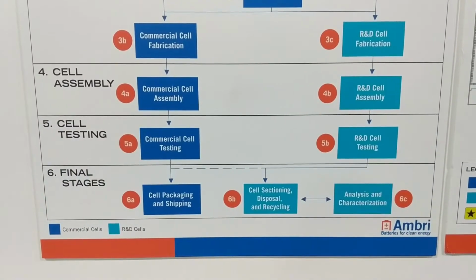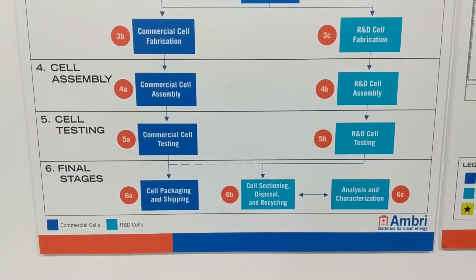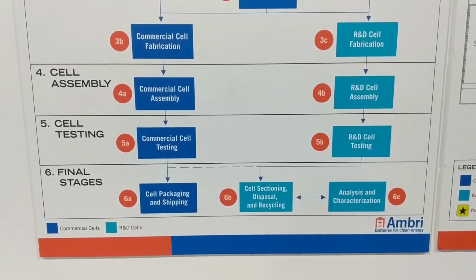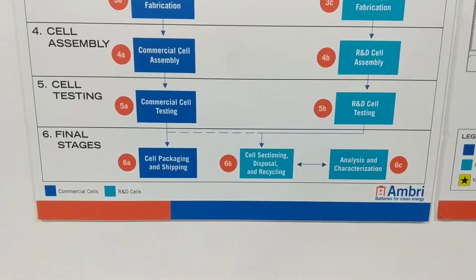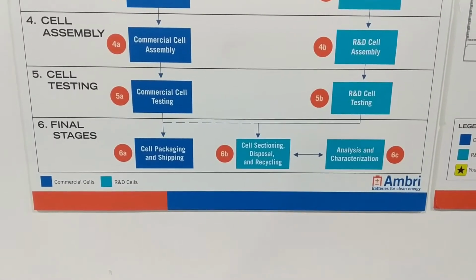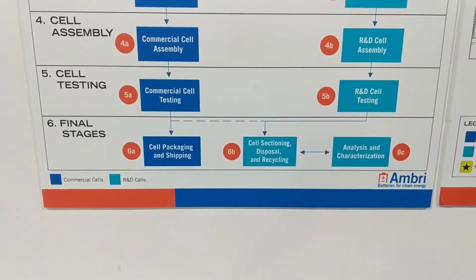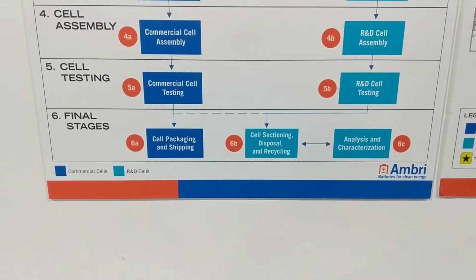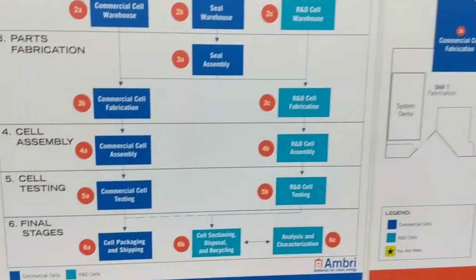And then once assembled, the cells go into testing, and under end-of-line testing to ensure quality and also for development purposes. Cells, once they complete their testing, they'll either be sectioned and analyzed and go into disposal and recycling, or they get packed up and shipped into containerized systems.